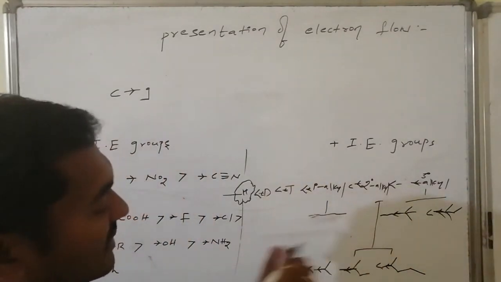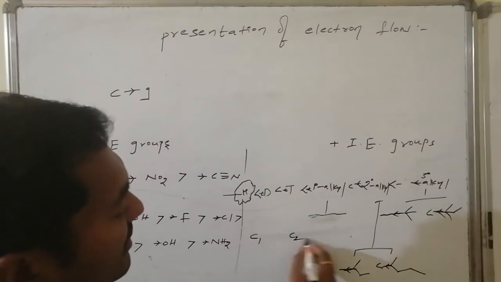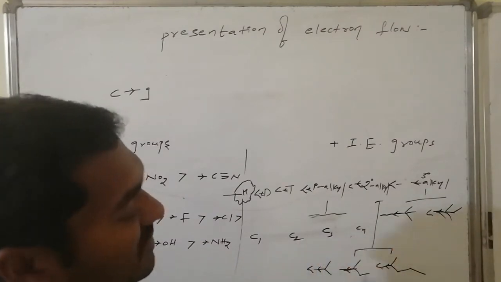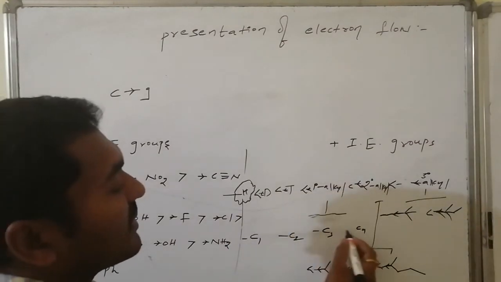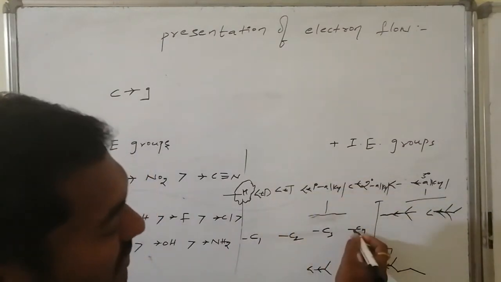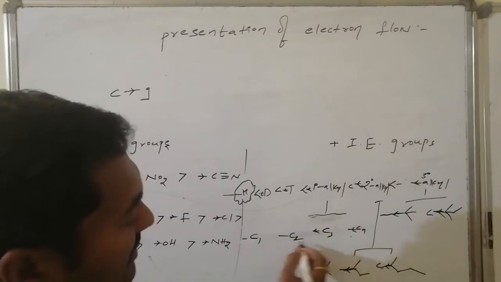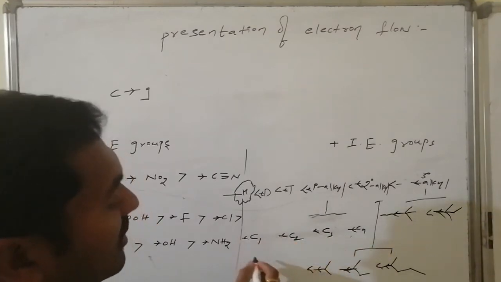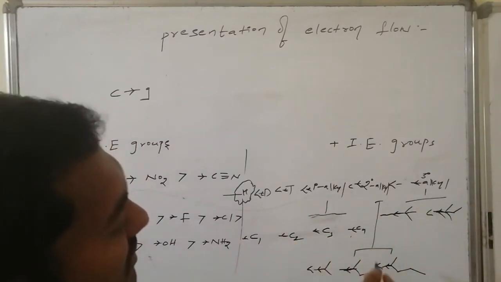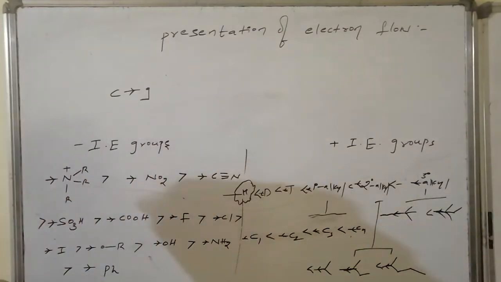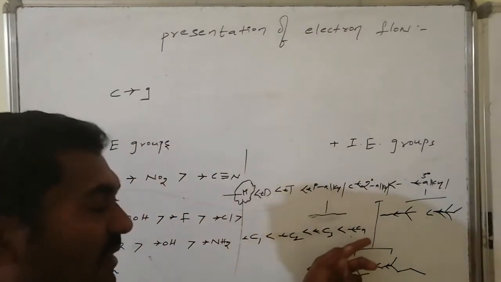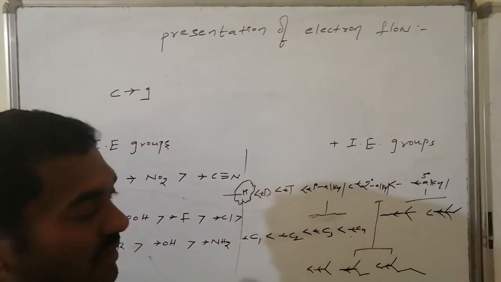Else I will write once again here: C1 carbon, C2 carbon, C3 carbons, C4 carbons in a linear chain. I am expecting this is the group. If they are connected to that, then it acts as a donor group, and the highest donation ability is present for this one. So this is the increasing order.